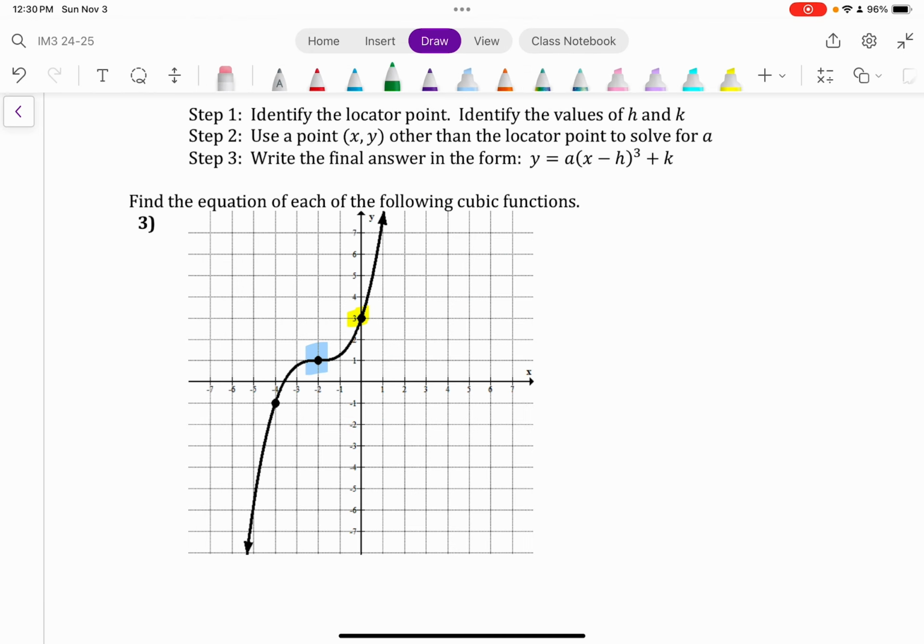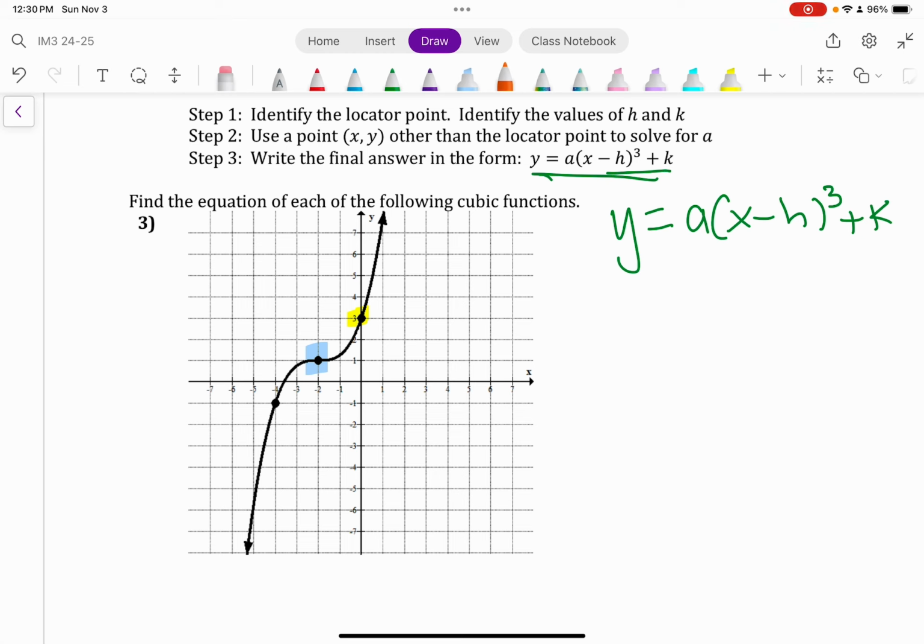Now, what you want to do is rewrite this function here. Y equals a, (x minus h) to the third, plus k. So we're going to begin with that. Y equals a, (x minus h) to the third, plus k. Great.